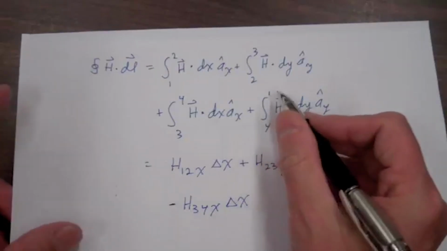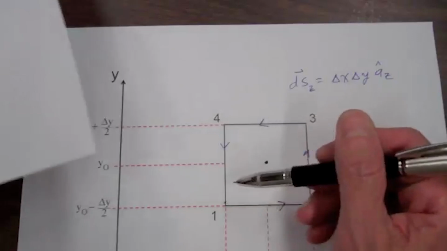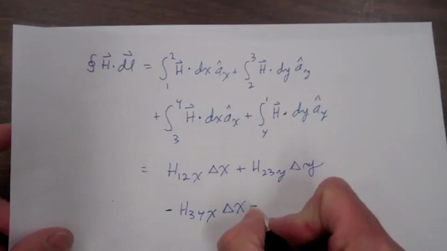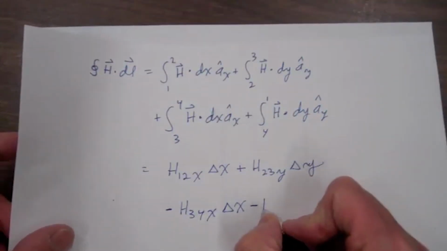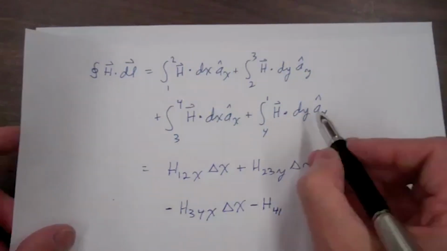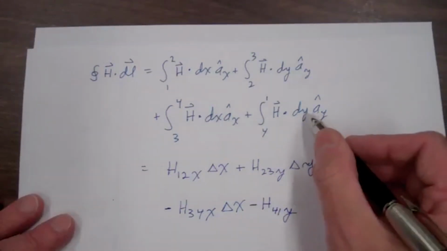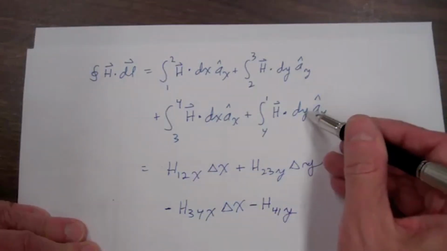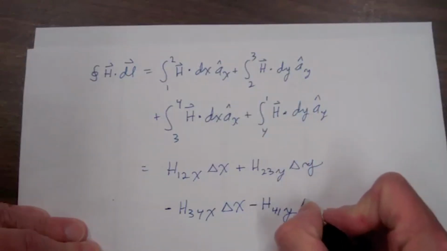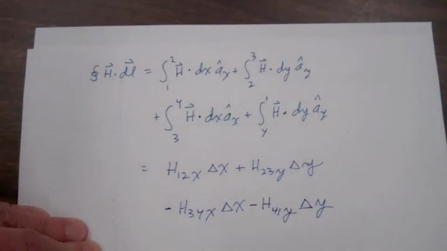Then when we integrate from 4 to 1, again we're going in the opposite direction of our defined d sub l. That will give us a minus sign. We'll have the value of H along line segment 4 to 1. Since we're dotting with a sub y, we'll get the y component. And since we're integrating only in the dy direction from 4 to 1, we'll get the length of the line segment from 4 to 1, which is delta y.